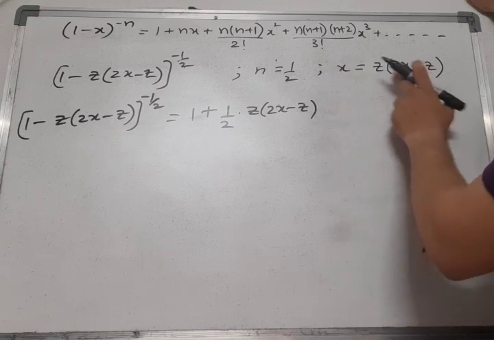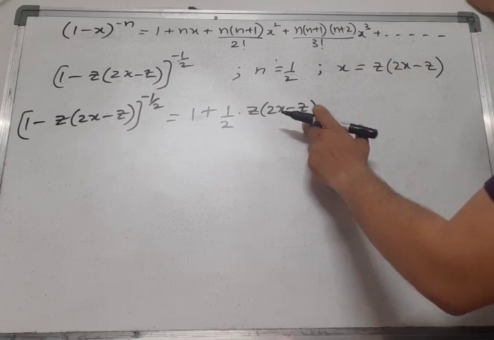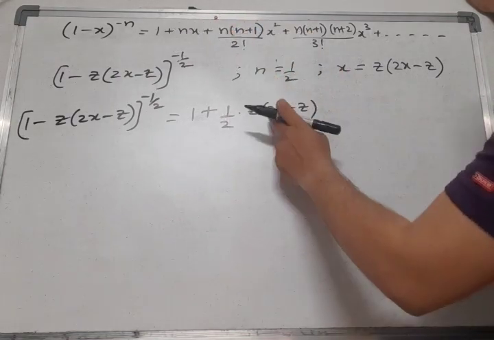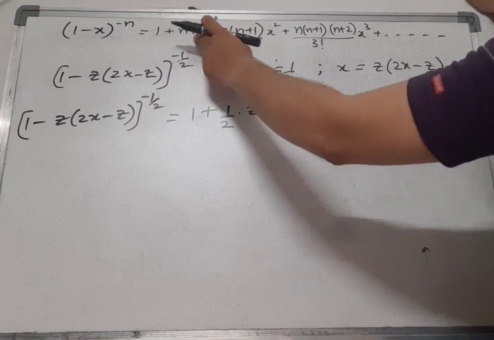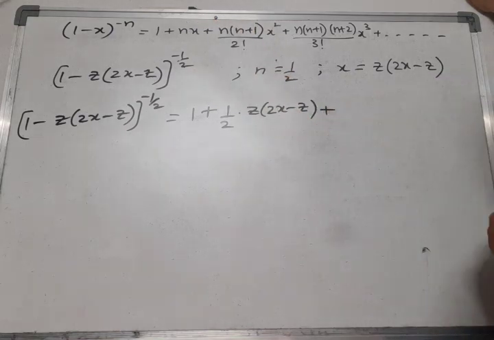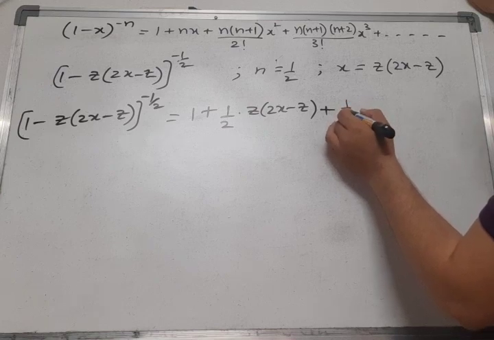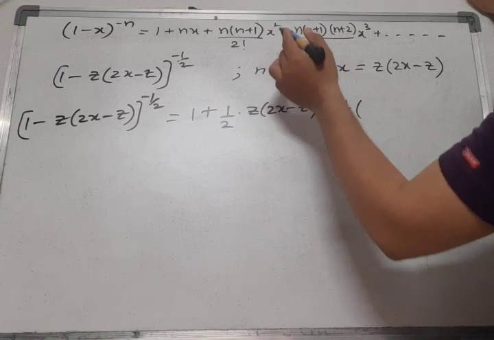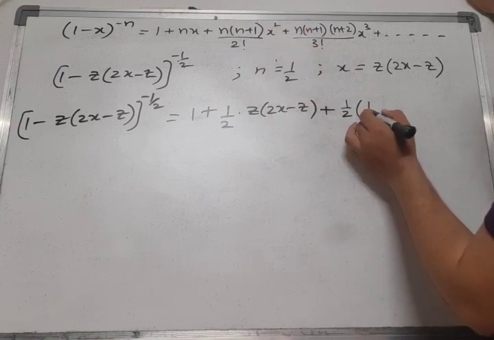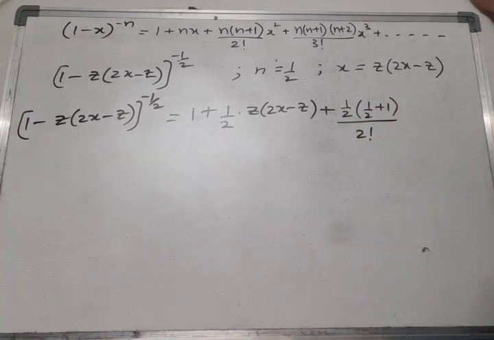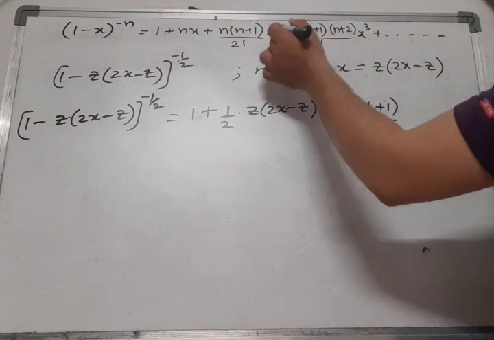In the place of x, what we have written? z into (2x minus z), into x, n into x. First term is completed. Next, the second term. What is the second term? n into (n plus 1), that means 1 by 2 into (1 by 2 plus 1), by 2 factorial, into x square.